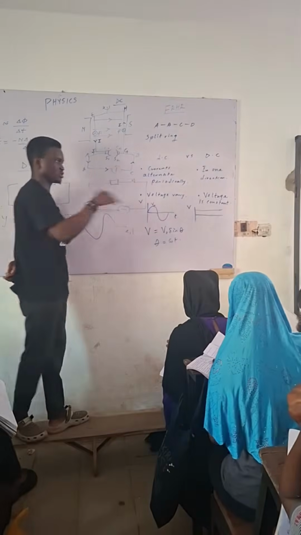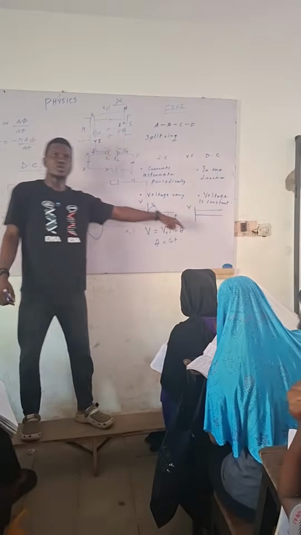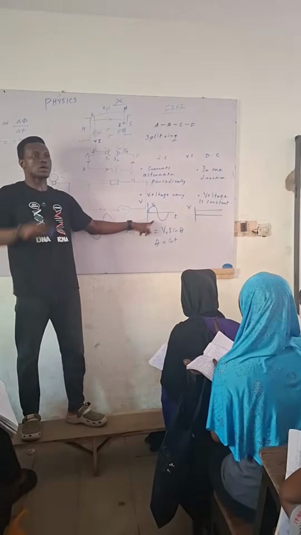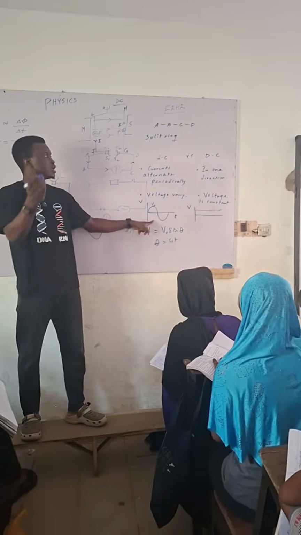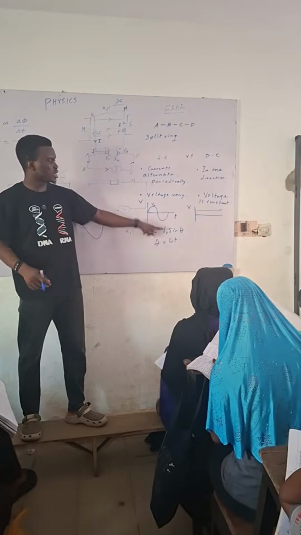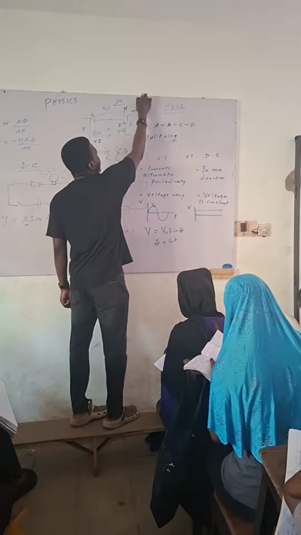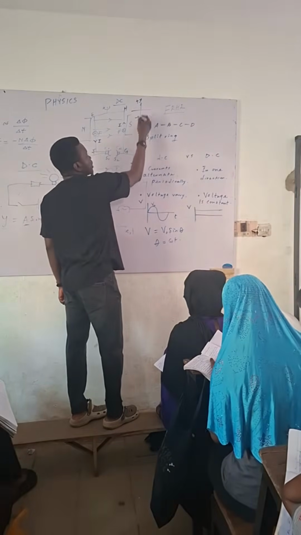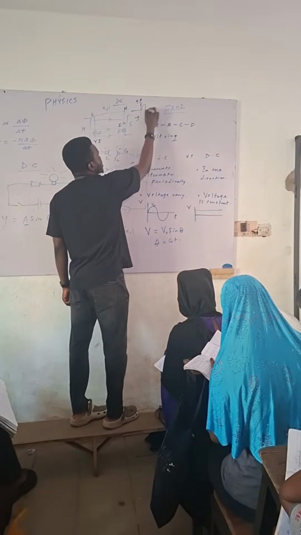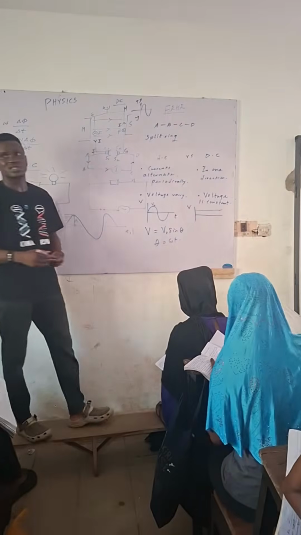It does not change. So if you see a graph for DC, this is what you will pick. For AC, this is what you will pick. That one keeps changing with time. Now you will see that it's going from the positive side to the negative side. If you are drawing a graph, you will have positive Y and negative Y. So if I go like this, that means I go through positive direction, negative direction, keeps changing with time.